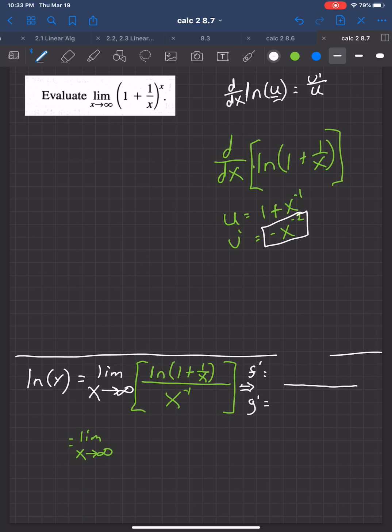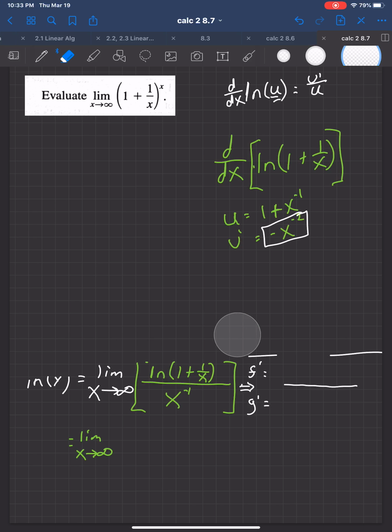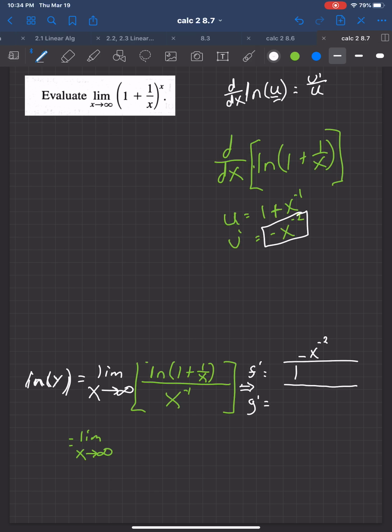Okay, so let me go ahead and rewrite that. If I rewrite u prime over u, I'm going to get negative x to the negative 2 over u, which is 1 plus x to the negative 1.